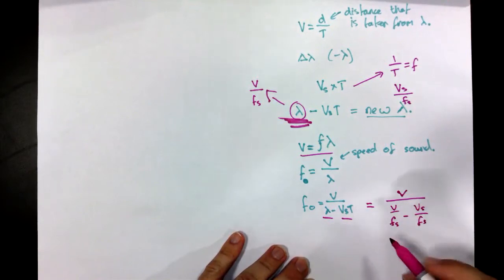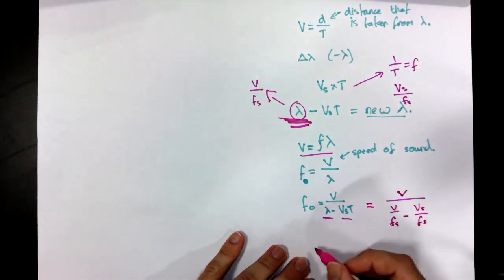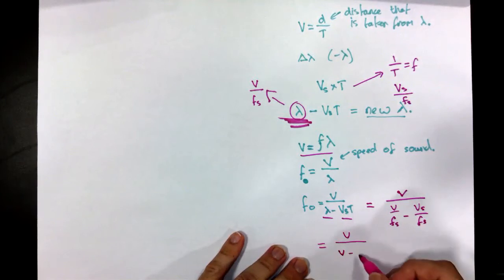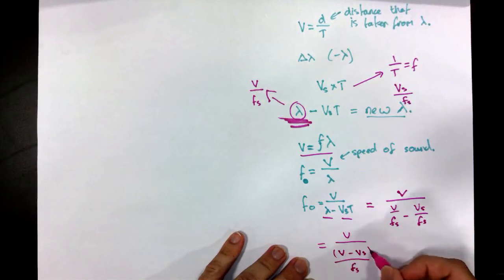Now, hopefully you're seeing there's a common denominator here. So I can rewrite that again as V minus Vs divided by Fs.